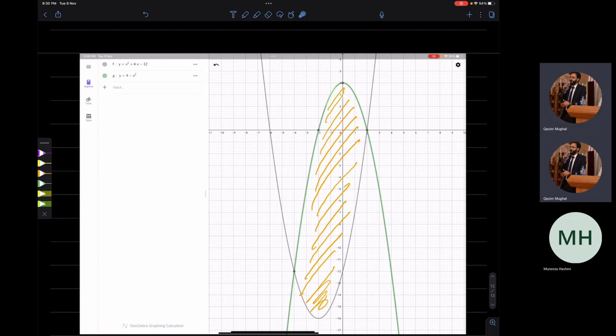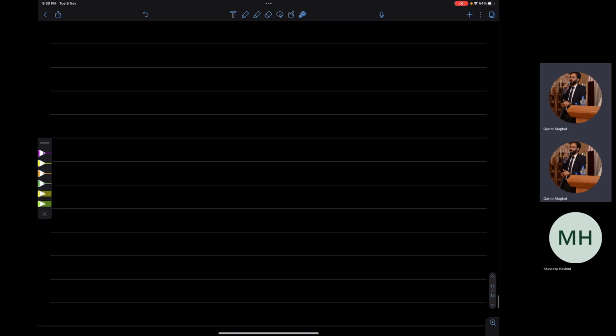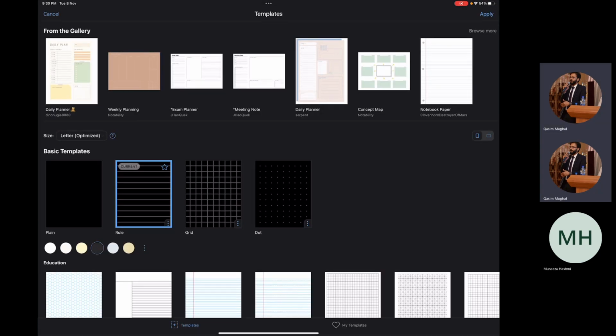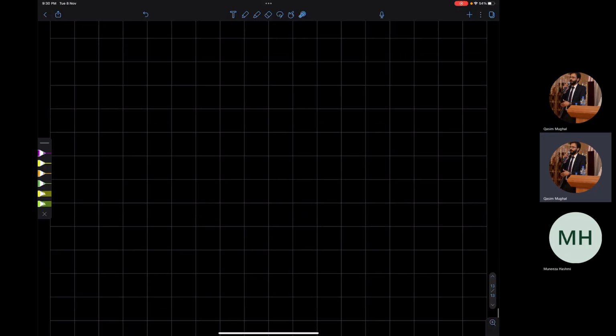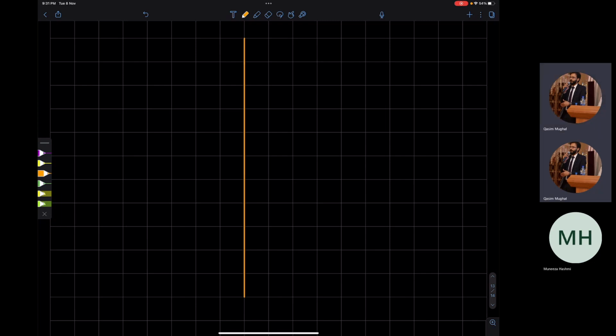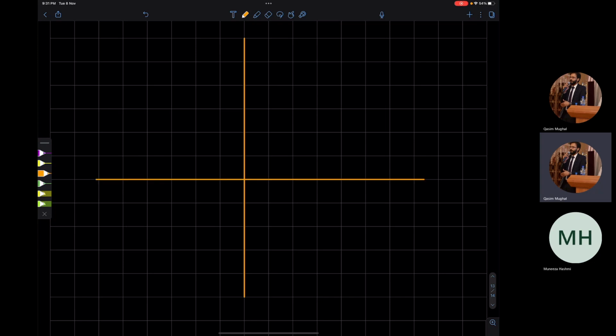Okay, on a coordinate grid shade the region that satisfies the inequalities. All three are linear inequalities this time. I'm going to quickly draw the graph for all of these. That's the y-axis, that's the x-axis.